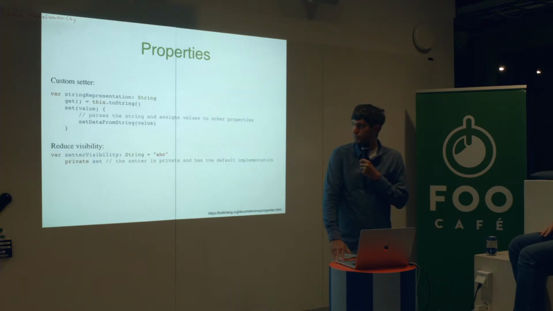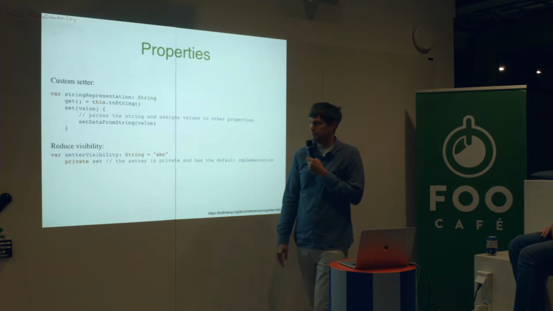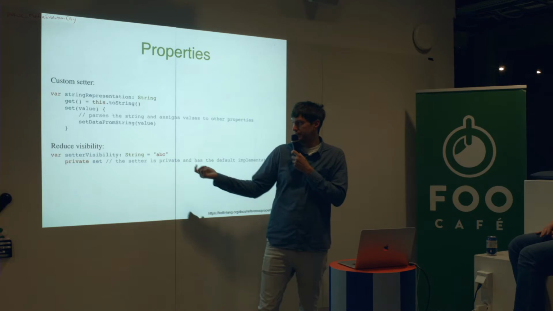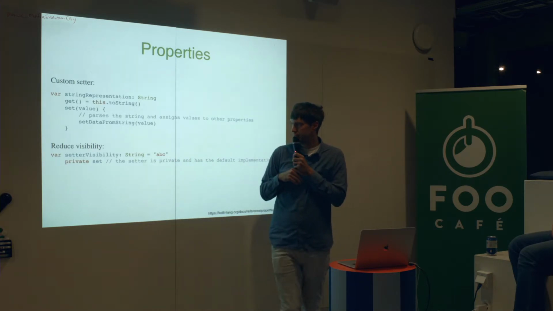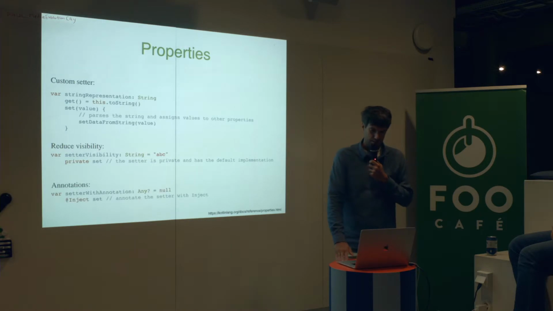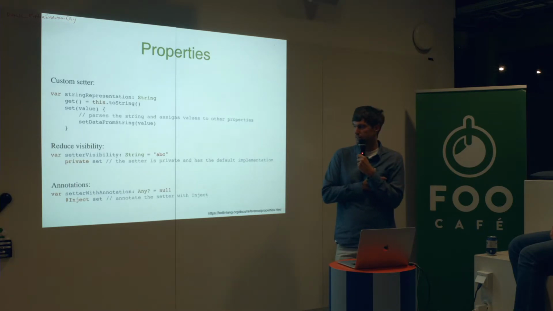But you can reduce the visibility. For example, you can use the private keyword to reduce the visibility of this setter, like this. And with some frameworks, you might want to use setter injection, and then you can use annotations on the setter like this.